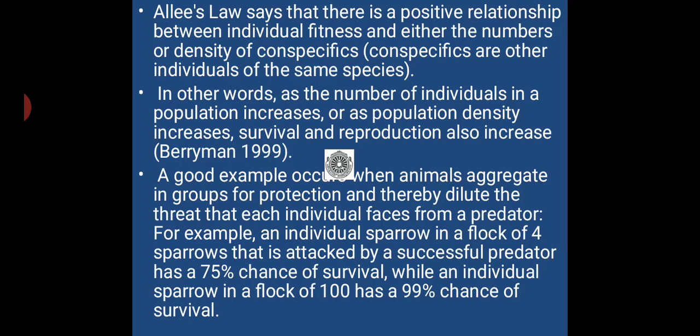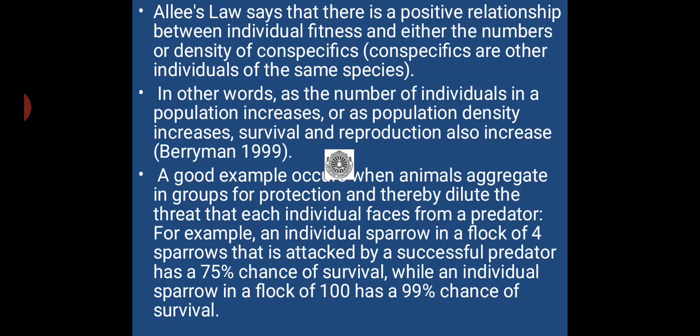In other words, as the number of individuals in a population increases, or as population density increases, survival and reproduction also increase. This was worked out in detail and explained by a scientist named Berryman in 1999.